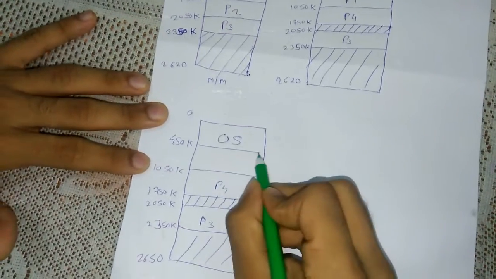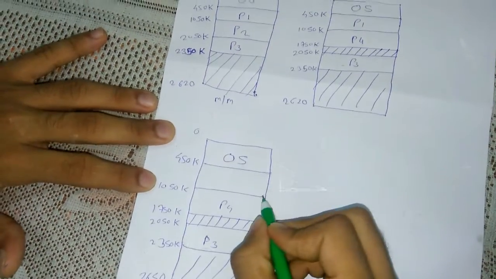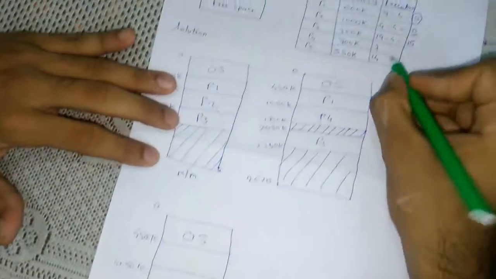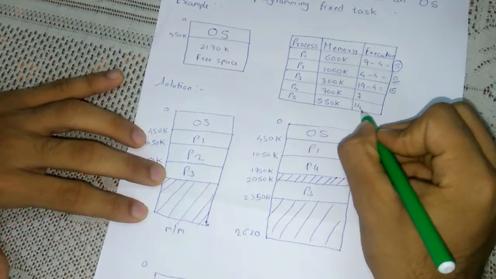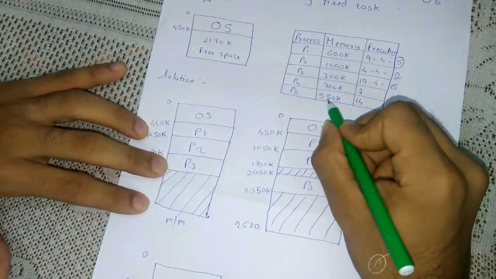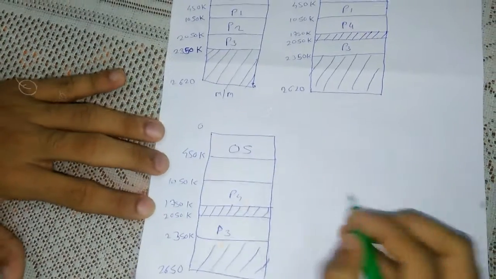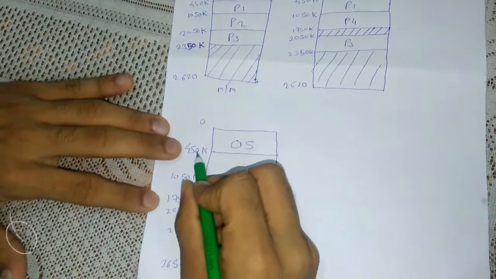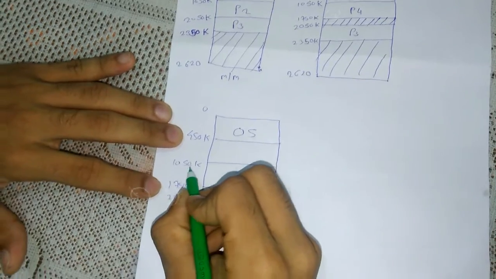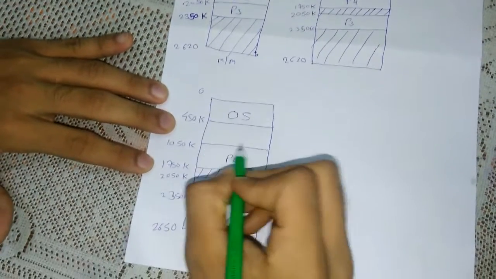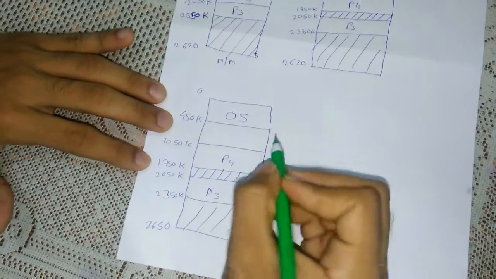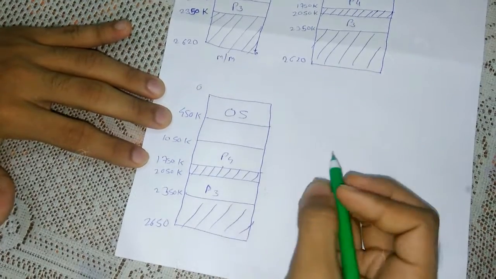Here we have to bring process P5. P5 requires an execution time of 14 milliseconds and memory of 550 kilobytes. Between 450 and 1050, process P5, which requires 550 kilobytes, can reside easily.